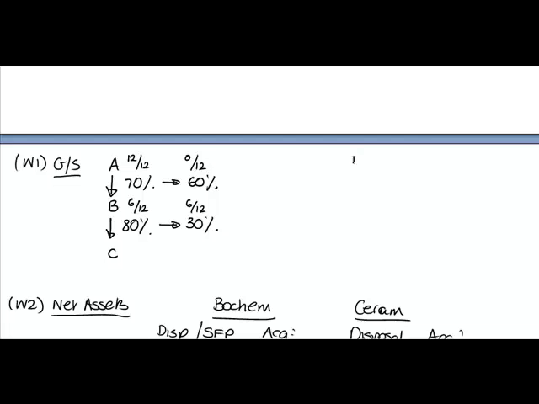So what we're going to have is an investment in Bochum for 12 months in which we have a direct investment of 70%, and for Ceram for the first 6 months it's 70% times 80%, so that's 56, and then for the next 6 months it's 70% of 30%, so that works out as 21.